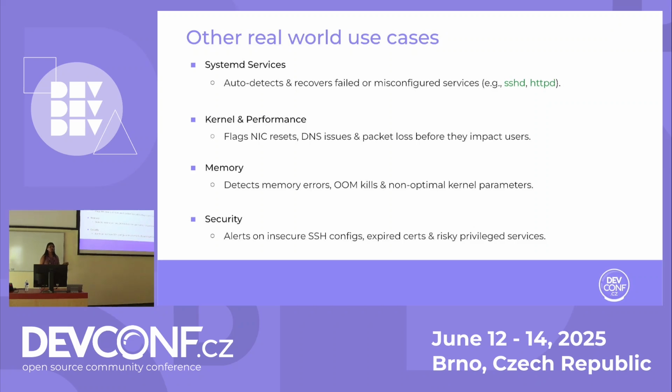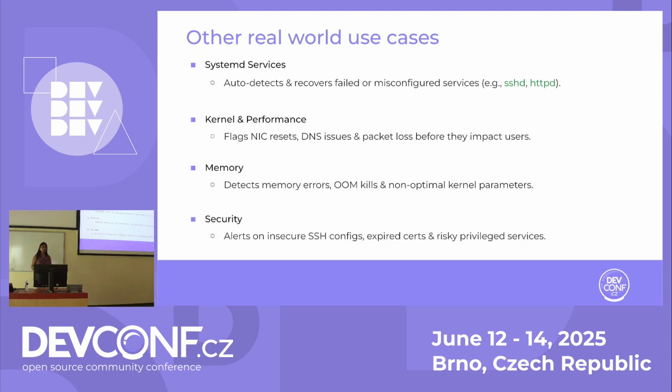Kernel and performance issues are silent disruptors which can gradually harm your environment. With the help of proactive detection, we can flag network interface card resets, DNS issues, or any packet loss which might affect the user. For memory, we have seen one example of an out of memory kill error, and it will detect these errors too. Security is not just about firewalls only.